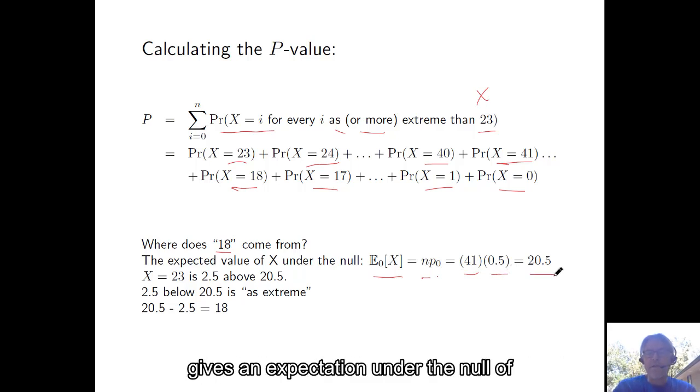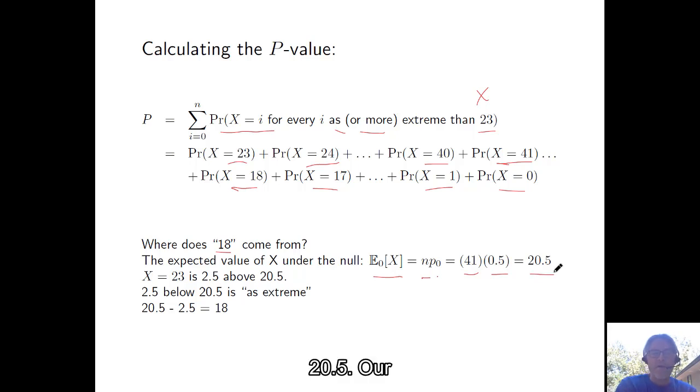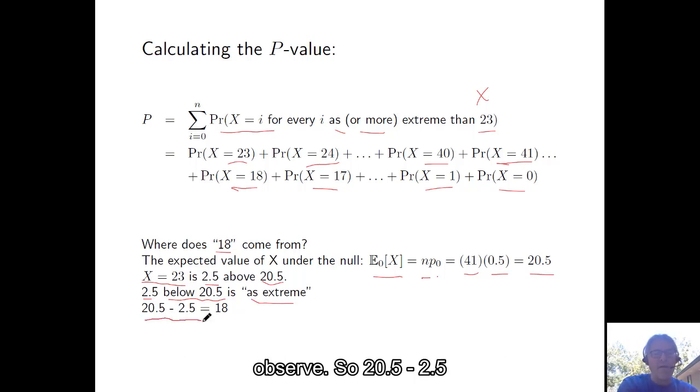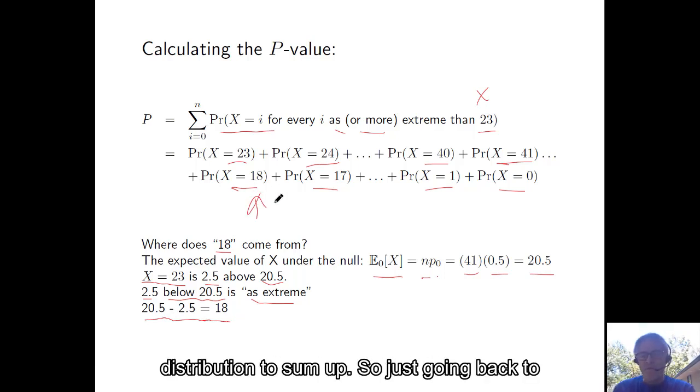So that gives us an expectation under the null of 20.5. Our observed value is 2.5 above 20.5, so going 2.5 below that same number is equally extreme as what we actually observe. So 20.5 minus 2.5 is 18. That's where this 18 comes from that tells us the other tail of the distribution to sum up.